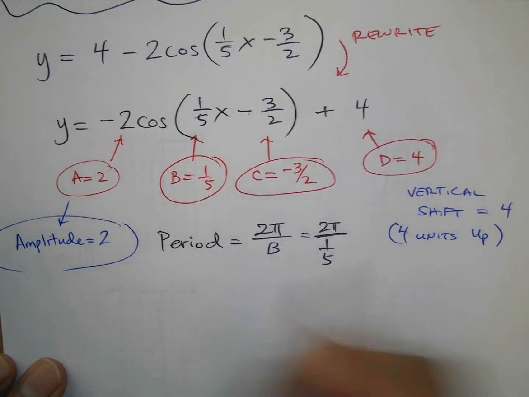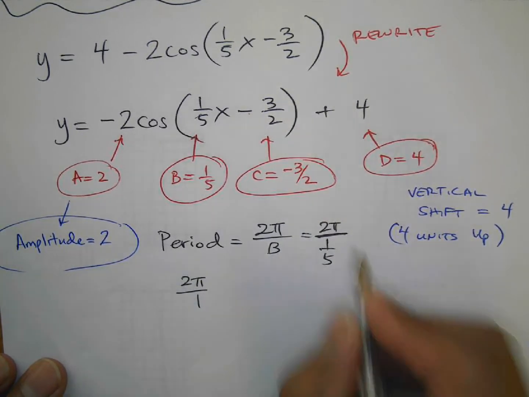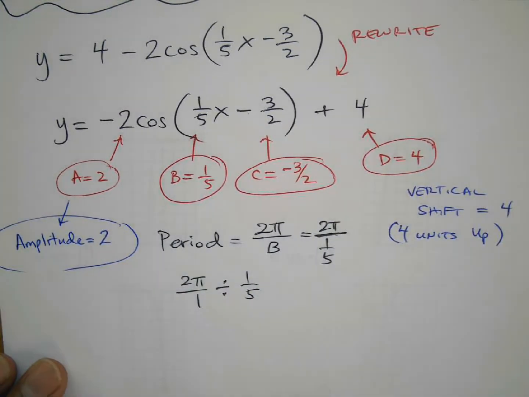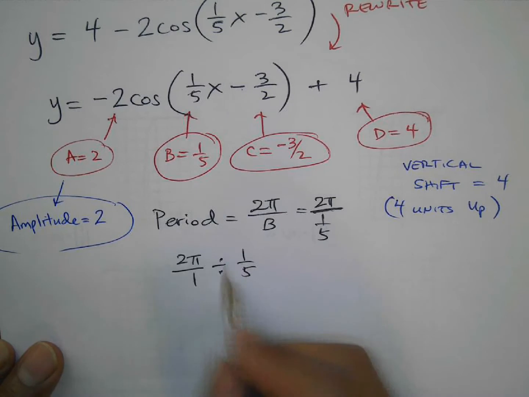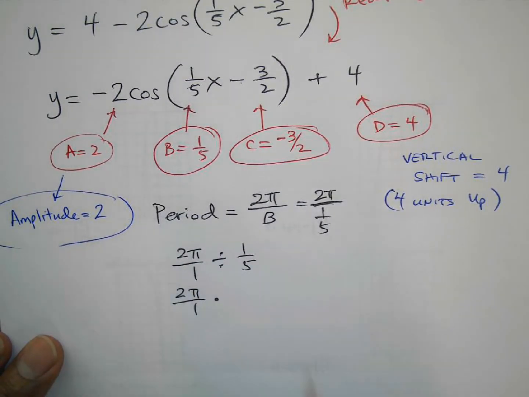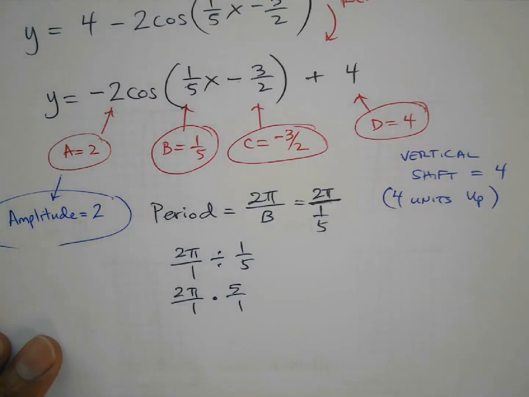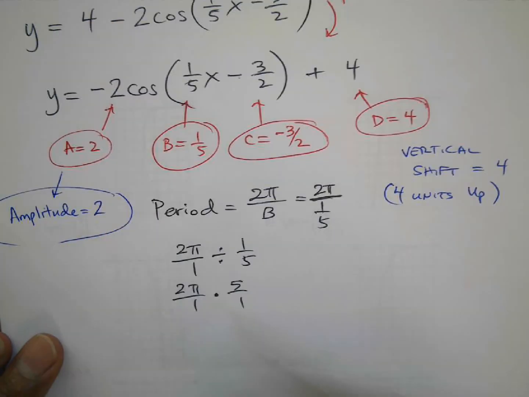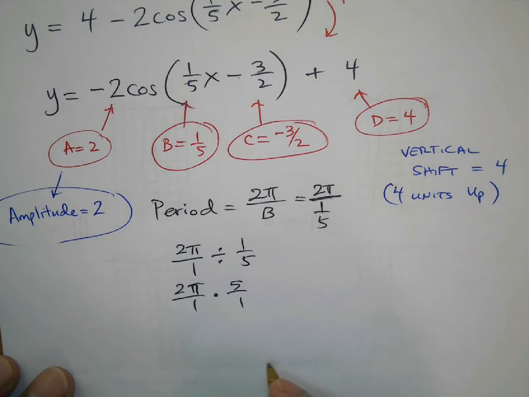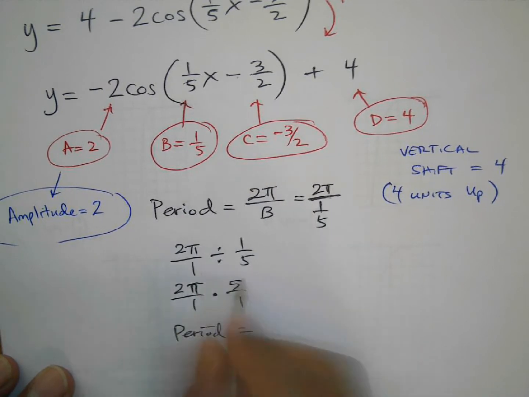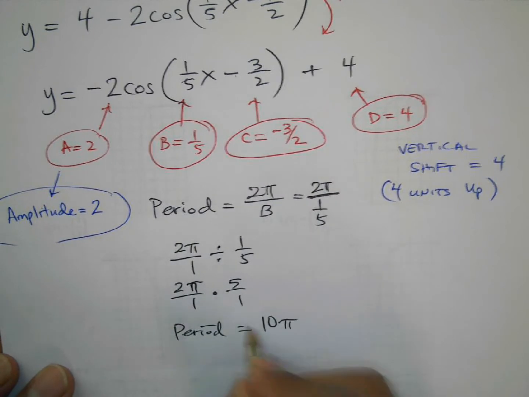This is saying 2 pi, which is 2 pi over 1, divided by 1/5. And then this changes to 2 pi over 1 times 5/1. And then you get to simplify or do whatever arithmetic you need to do. So anyways, you're going to get the period is what? 10 pi.